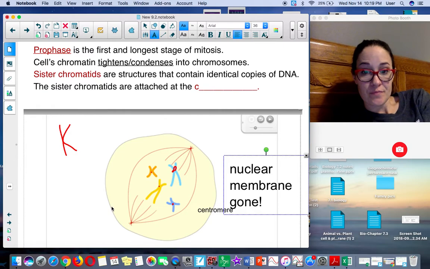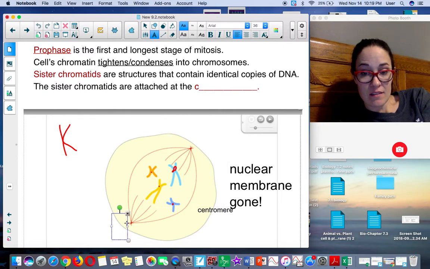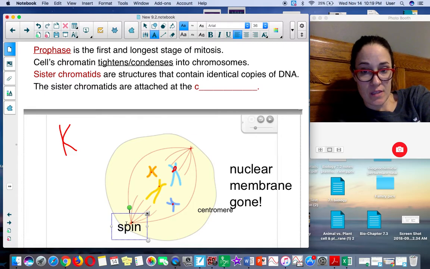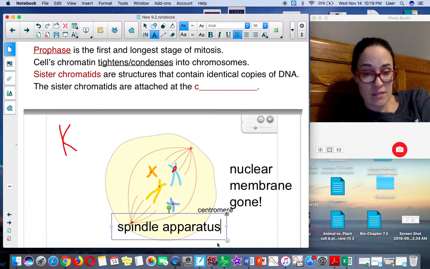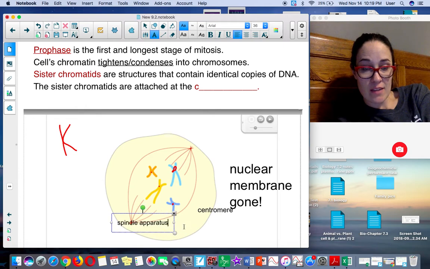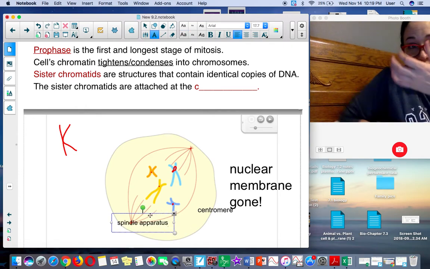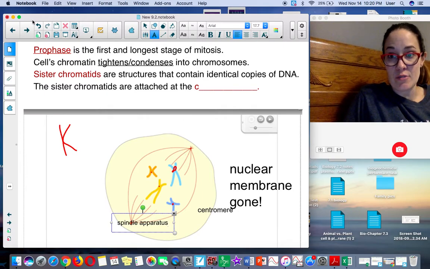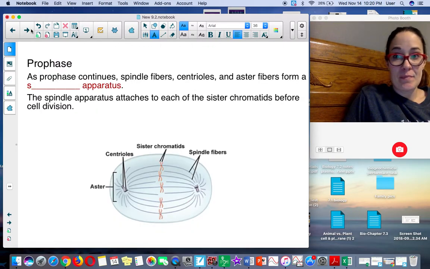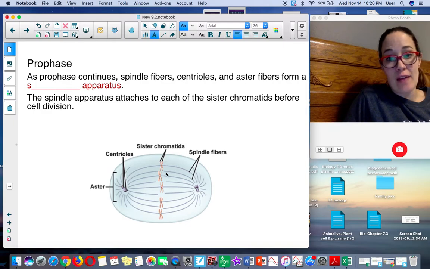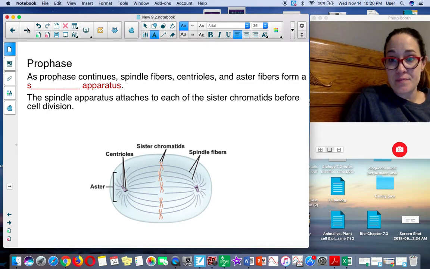So we see the spindle apparatus, which is the centrioles plus these spindle fibers, the two centrioles. In prophase, spindle fibers and centrioles appear and form what's called a spindle apparatus. And this spindle apparatus will attach to the sister chromatids.